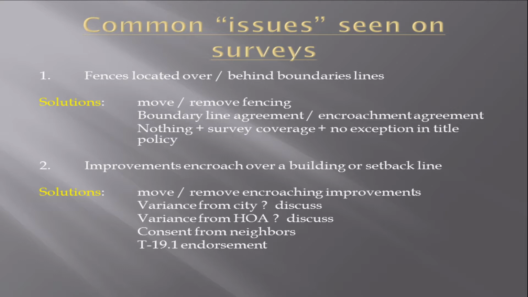A variance letter from the city, which they are giving less and less anyway, is not going to help you in that instance. The city might say, well, you're 30 feet back and we're fine, but your plat says you have to be 35 feet back. We don't care. And so be careful on relying too much on a variance letter.